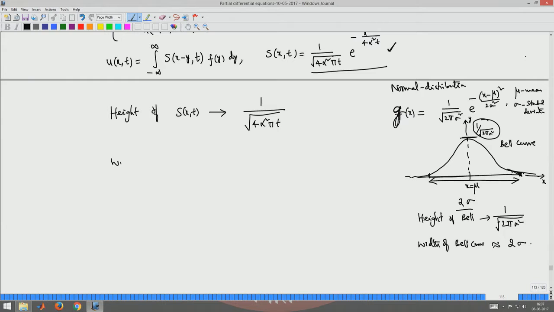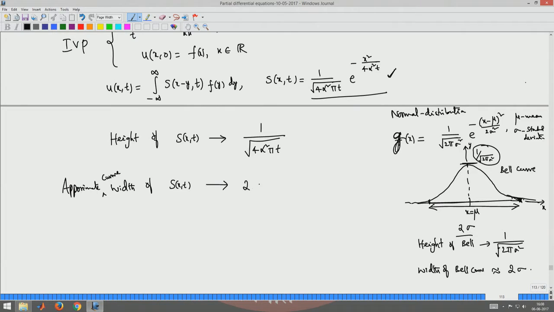And what is the approximate width of the curve s of x t? What you get is 2 alpha root t.